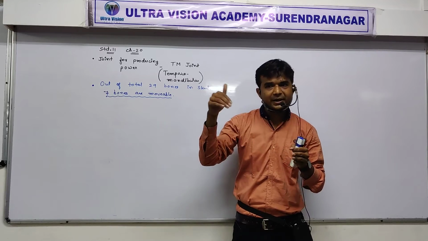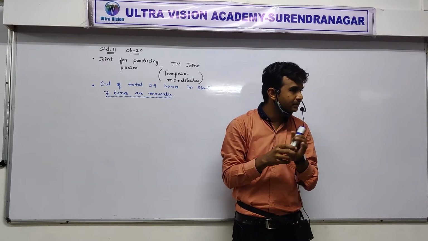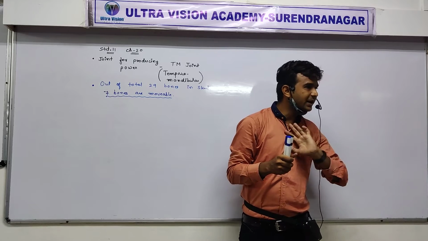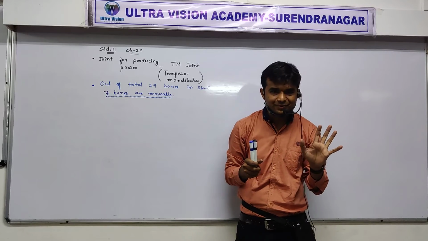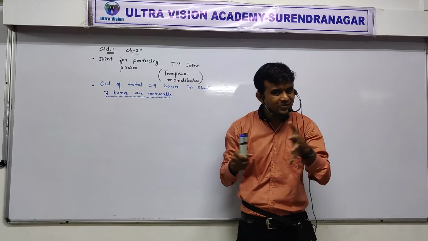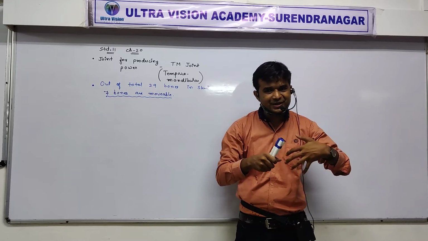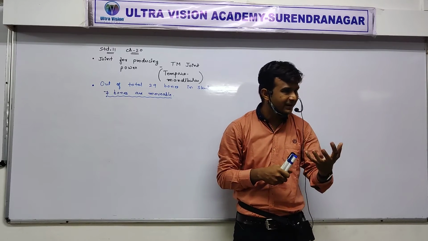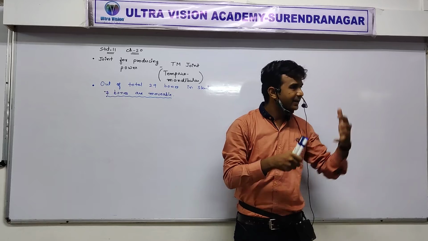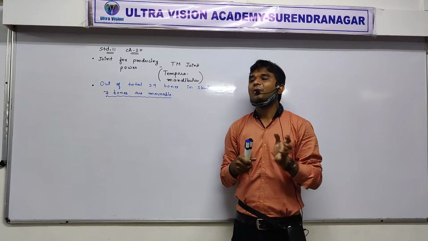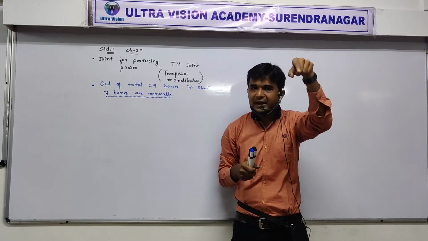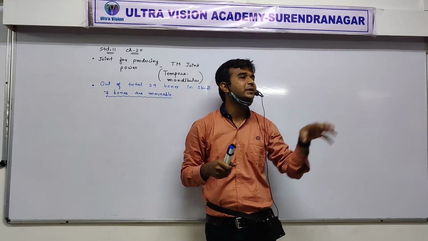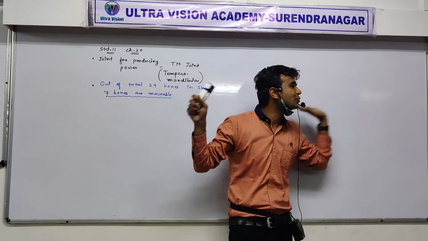So vibration can reach the eardrum but cannot reach the internal ear. When the sound waves enter the internal ear, auditory impulses are generated, and that impulse reaches the auditory center of our brain, and then we are able to hear the sound. Otherwise not.